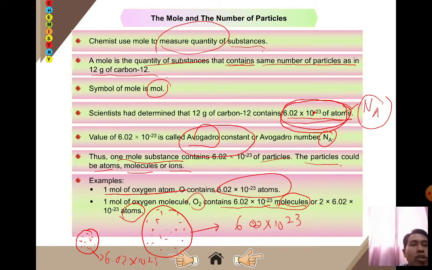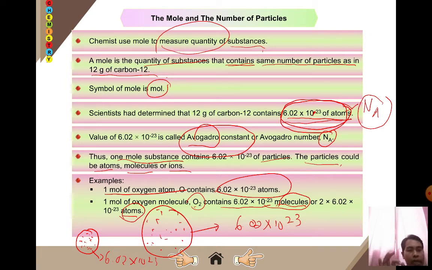Tapi kalau dia kata 1 mol atoms, atom bermaksud oksigen di sini dia ada 2 atom. Molekul oksigen ada 2 atom oksigen. 1, 2 kan, O2 kan. Jadi, bila soalan tu minta bilangan particles for atoms, the number of atoms, so you have to times with 2 or times with the number of atoms in that molecule.